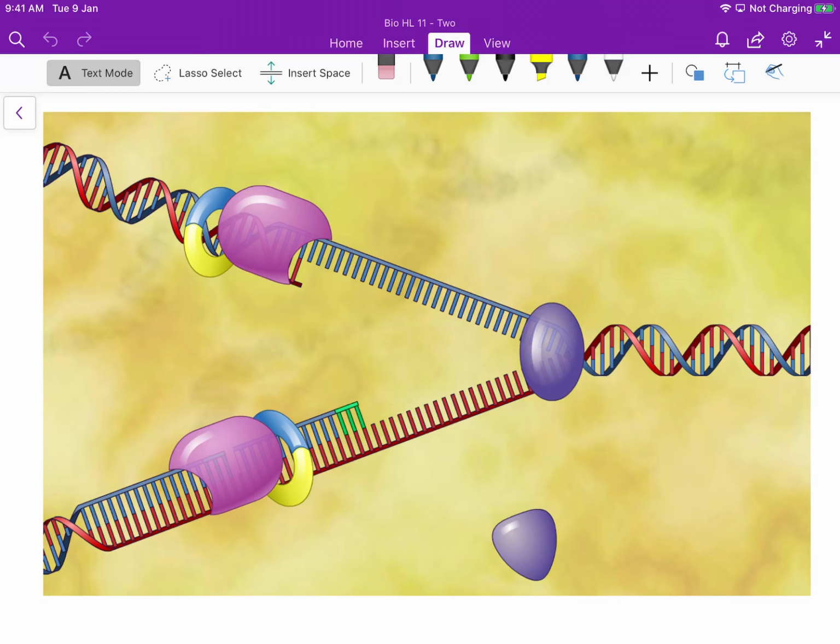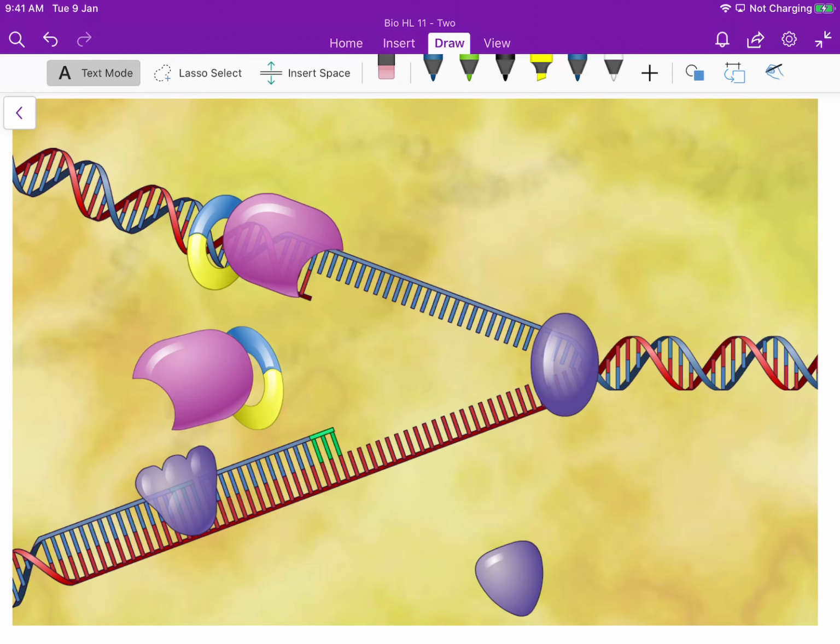Here we see that our polymerase 3 has run along until it gets to that RNA primer at the start of the section that's already been done. So it gets to that point, and then it's going to release from the DNA. So this has been released, and underneath this was the RNA section. So now we see our new enzyme has come in. So this is going to make a small bit of DNA.